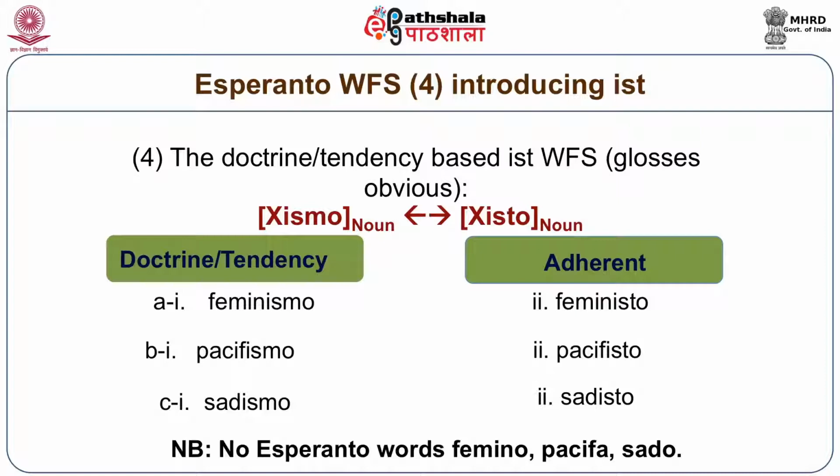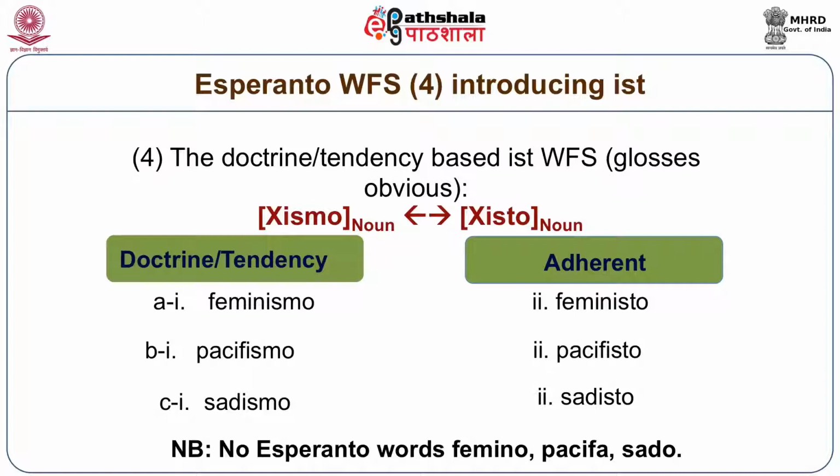So here your word formation strategy cannot go from exas to existo. It has to go between exismo and existo. Notice that this is compulsory, because in Esperanto, the piece that remains when you take out the ismo from feminismo, pacifismo, sadismo, which would be femin, pacif, and sad, has no existence at all.